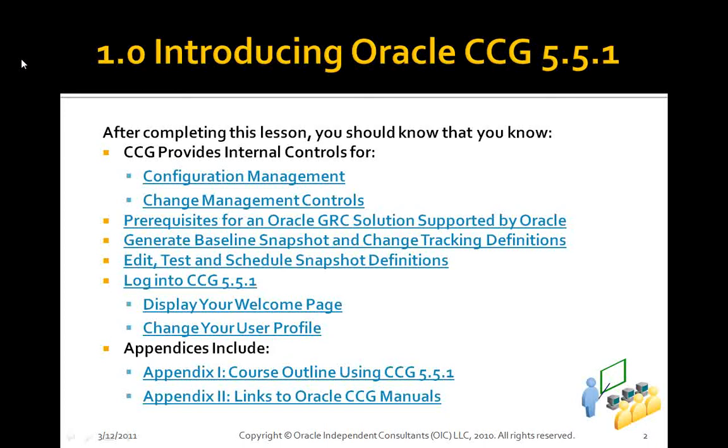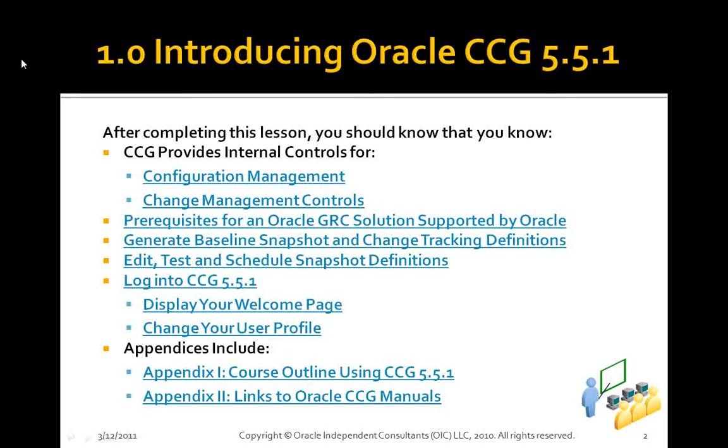Both those applications are now included in GRC Controls, the application. But the suite includes the GRC Controls, which is the AACG, Application Access Controls Governor, and Transaction Controls Governor. The suite also includes Preventive Controls Governor, or PCG, and Configuration Controls Governor, or CCG.